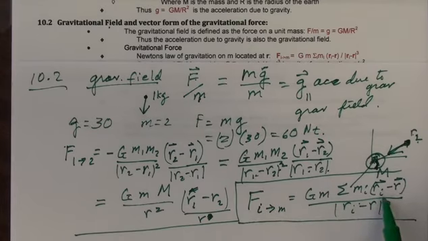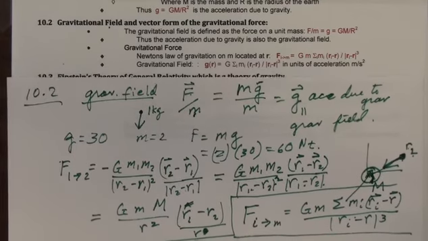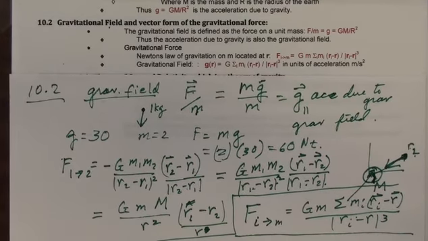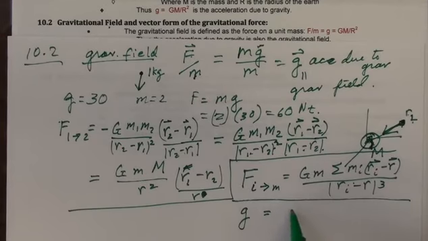This is what we'd experience here on the Earth. We would experience the force due to all of the planets, the moon, stars, even the asteroids, maybe even other parts of the galaxy to some small extent. And therefore the gravitational field would be the same expression divided by m.